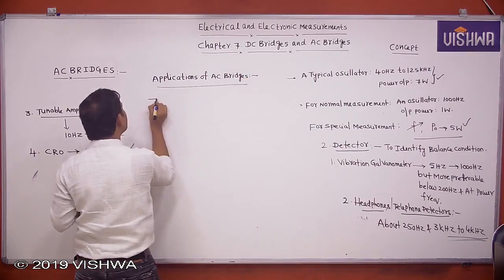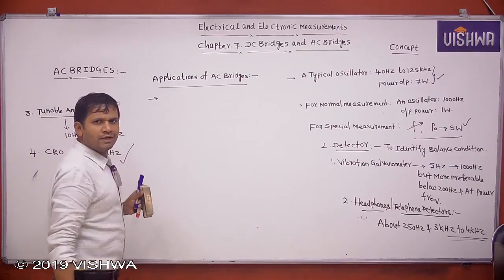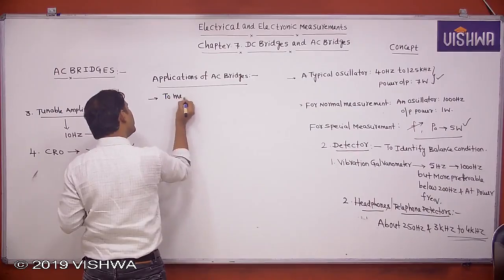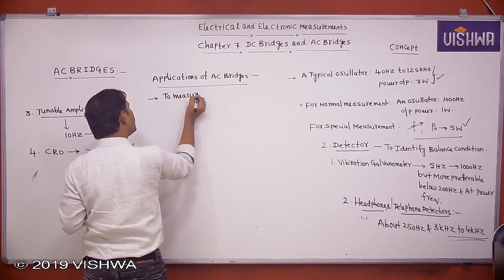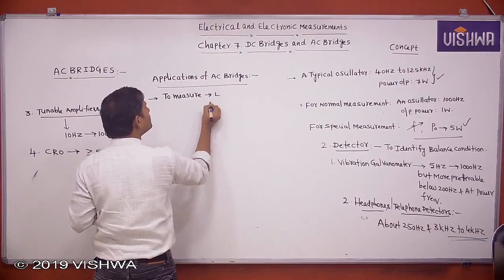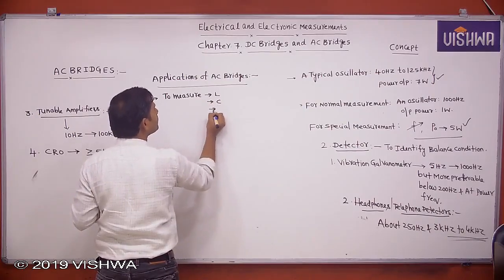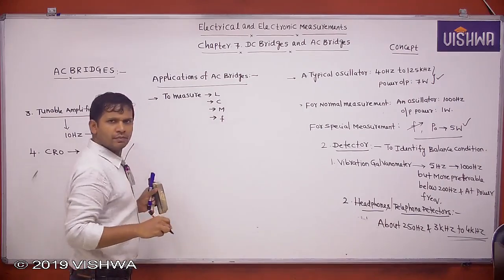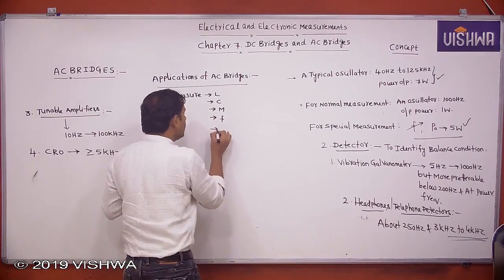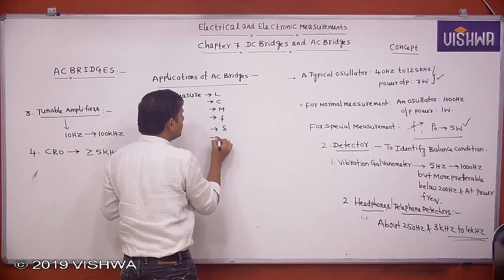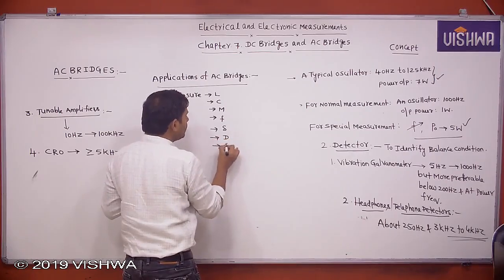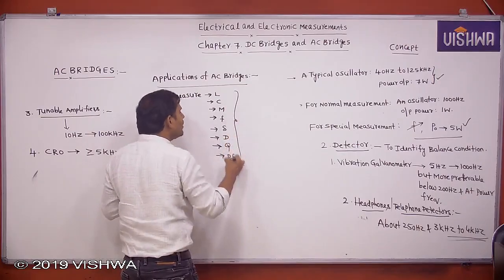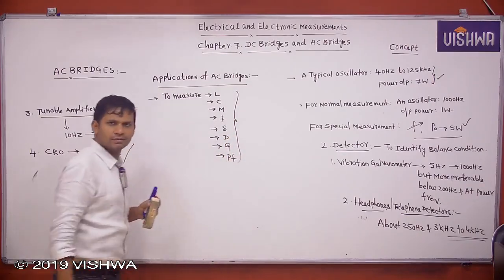One of the main applications is to measure inductance, capacitance, mutual inductance, frequency, loss angle, dissipation factor, quality factor, and power factor. All these are measured by using AC bridges.